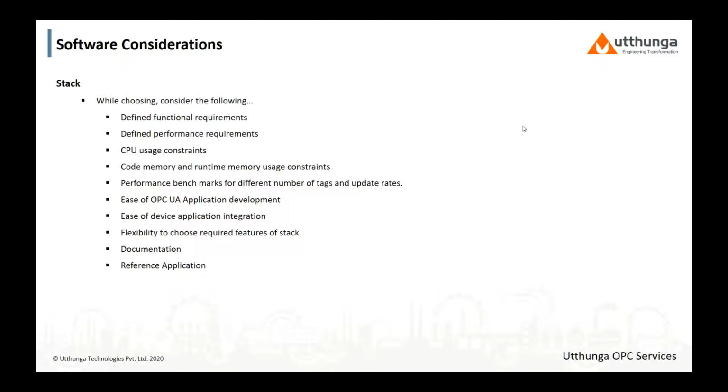And while choosing a stack, you need to consider the following. Whether the functional requirements you defined for your product are all implemented in the stack. Because in OPC, some features are optional, some features are mandatory. So you need to check whether everything you defined for your product is implemented or not.